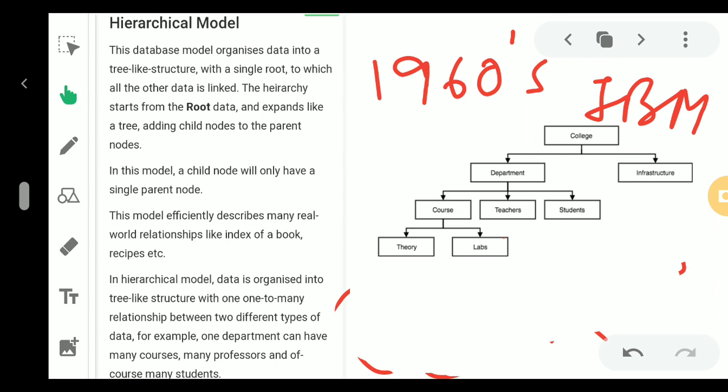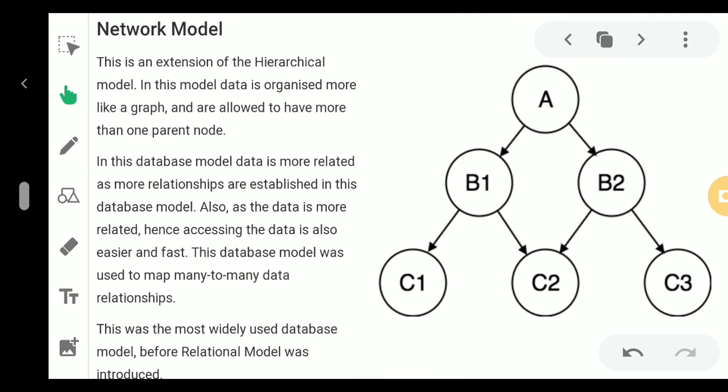Okay. So now we come to the next model, that is the network model. This model is used to store data similar to the hierarchical model, with parent-child relationships. A hierarchical model is a subset of the network model. The network model was developed during the 1970s, and it uses set theory to represent the records and the links.